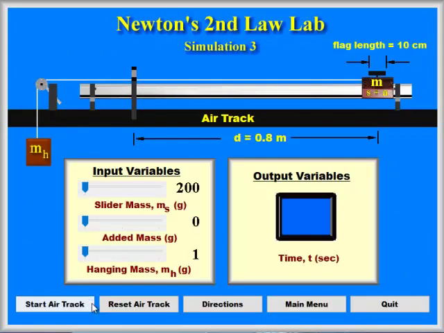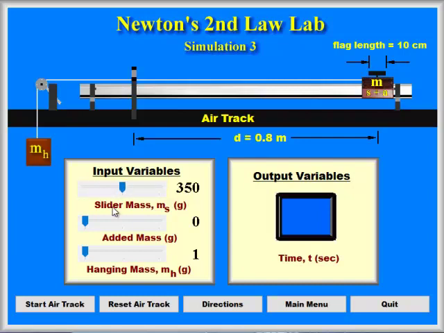And finally, simulation 3, where you've got a mass hanging, you've got two masses here. You've got the accelerated mass, and you've also got the mass that goes along with the mass that's doing the acceleration. In other words, the mass being accelerated is both the hanging mass and the slider mass.